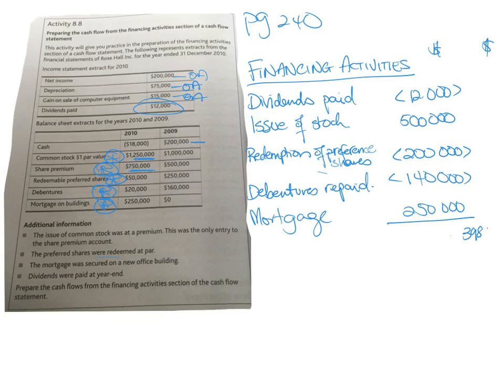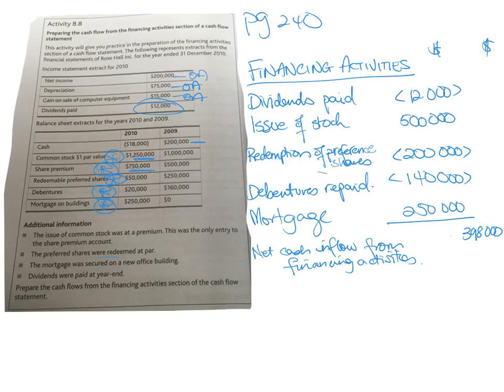398,000, which will go in the outside column, and that gives us our third figure, and that would be net cash inflow, because it's positive, from financing activities, right?